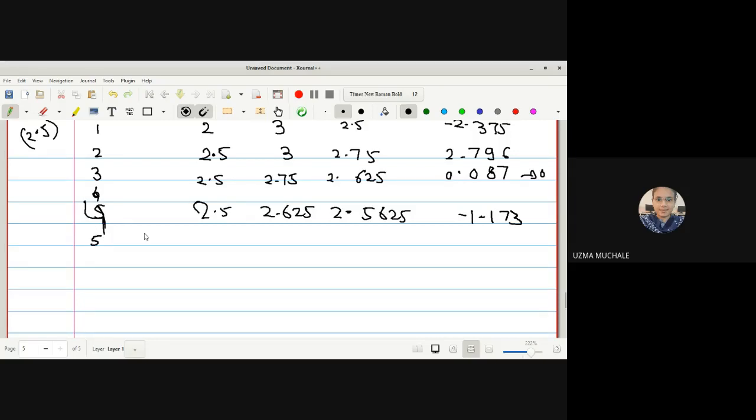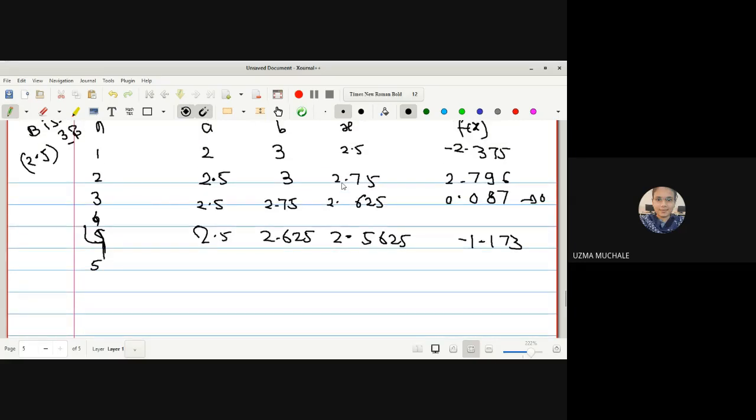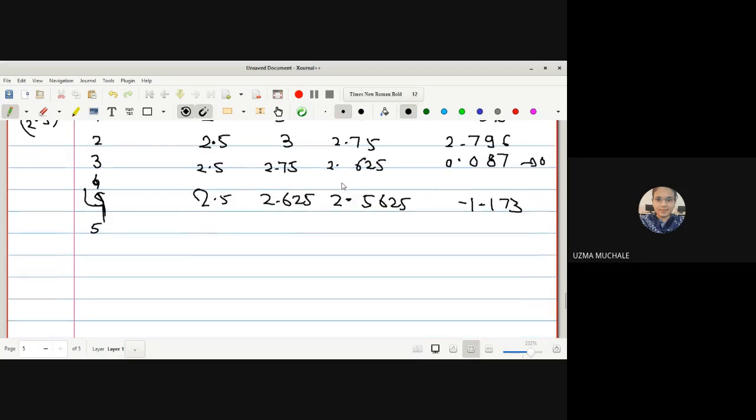Now let us perform the fifth iteration. F of 2.5 is negative, and f of 2.5625 is also negative. So the next root will lie in the interval x1 to b naught, that is 2.5625 to 2.625.